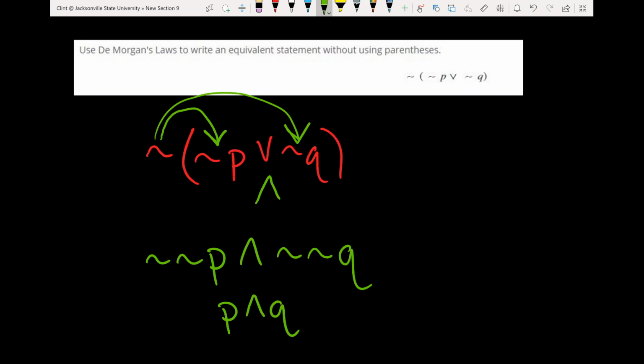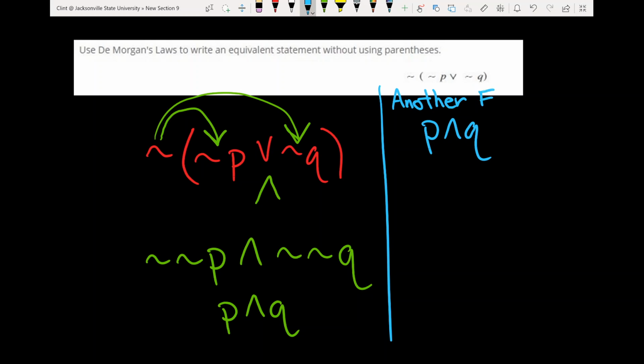Let's do a similar one off to the side here. Like if we started with P and Q, and it told us that we wanted parentheses, then we're just working the other way. How could we do that? We just have to think backward.